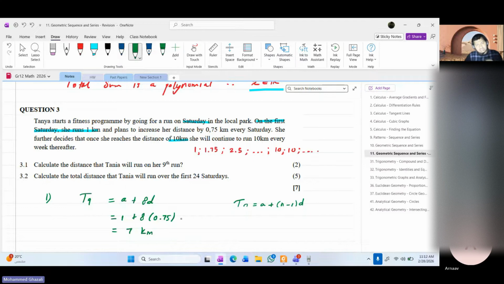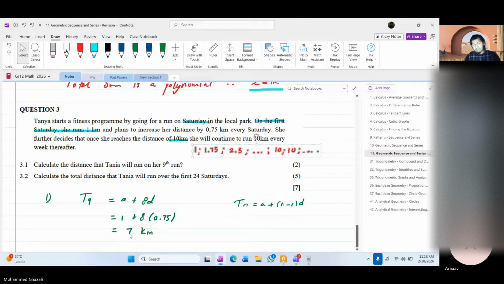Calculate the total distance that Tanya will run over the first 24 Saturdays. Be careful, because see how your pattern is. That's why I wrote down the pattern so you don't get confused. Most people will go and find S24, which is totally incorrect. You can't find S24 because on her ninth run she's running 7 kilometers.